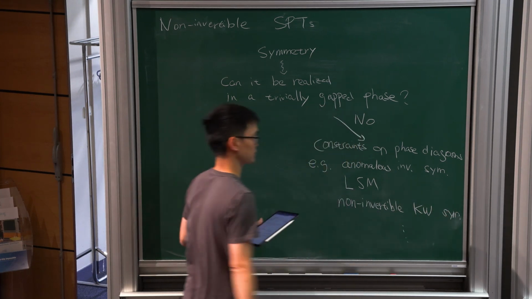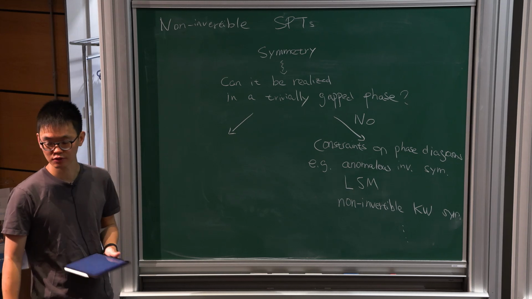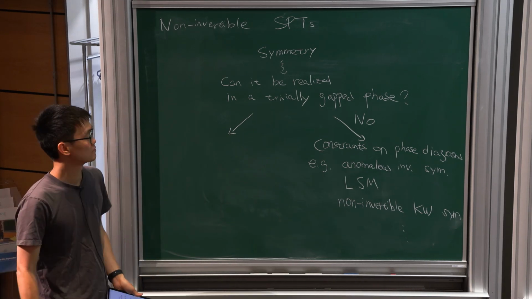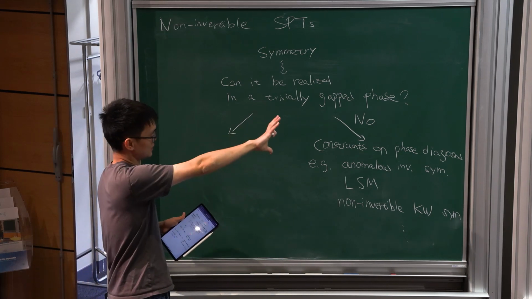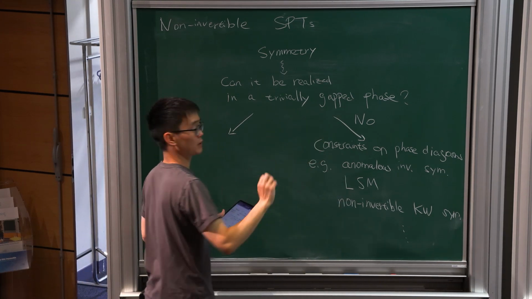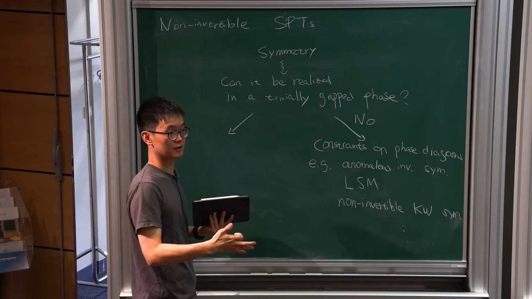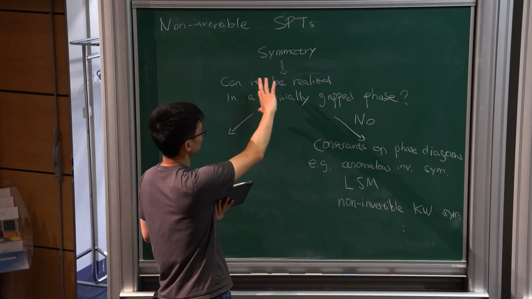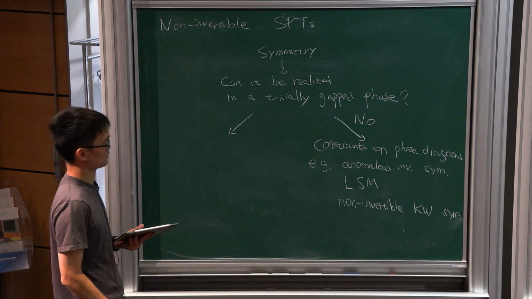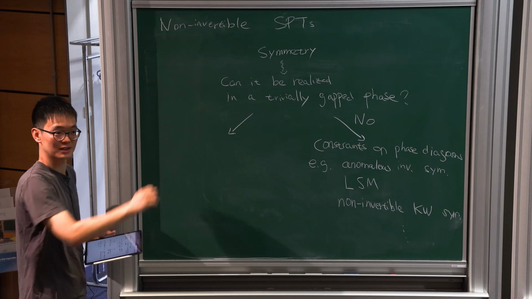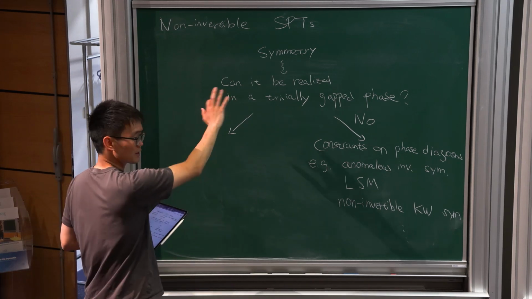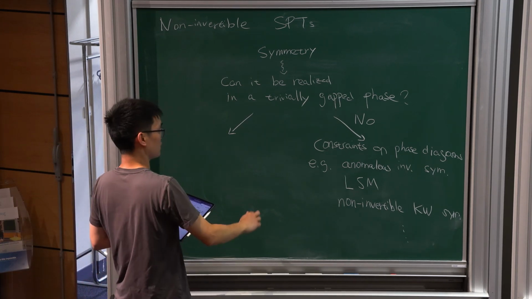There are many other examples. Okay, so that's one class of symmetries. And for some community of people, we call this class of symmetry having an anomaly. You can take the definition of anomaly being incompatible with the trivially gapped phase. But I'm not going to write the word anomaly on this part of the blackboard. This is what, practically, I meant.